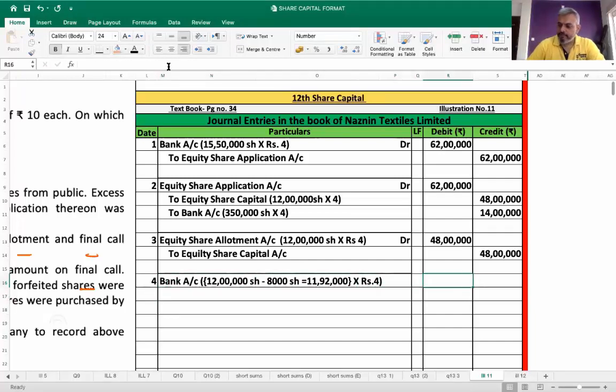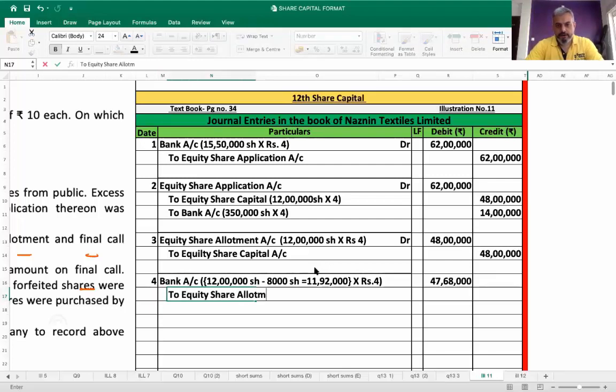Calculate the amount: 47 lakh 68,000. Now we are not using calls in arrears, so directly to equity share allotment account.